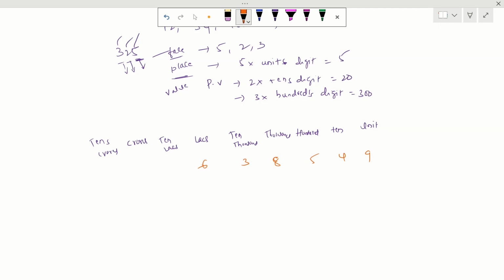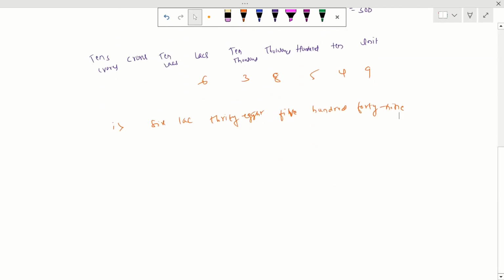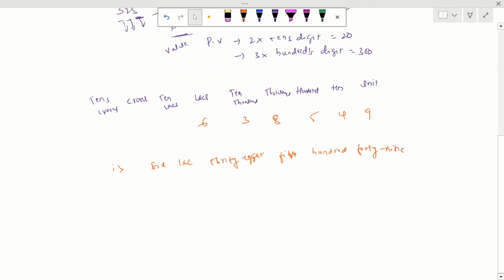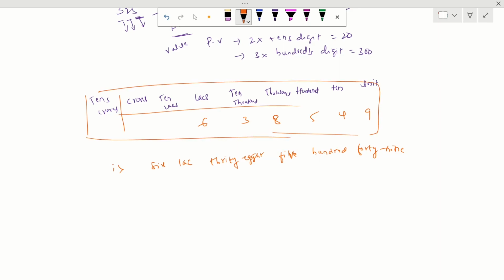We can write this one in words. From this table we have to write it in words.